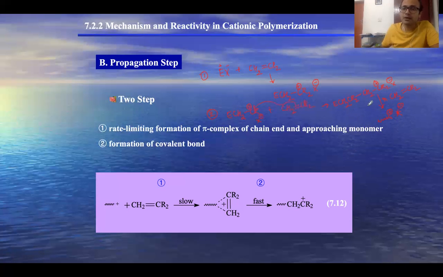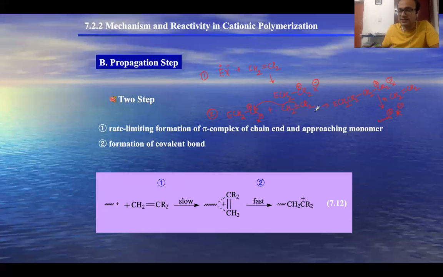Now, this particular step where the growing chain cation reacts with another monomer is not like a direct formation of a covalent bond between this end and this end of the two reacting species.